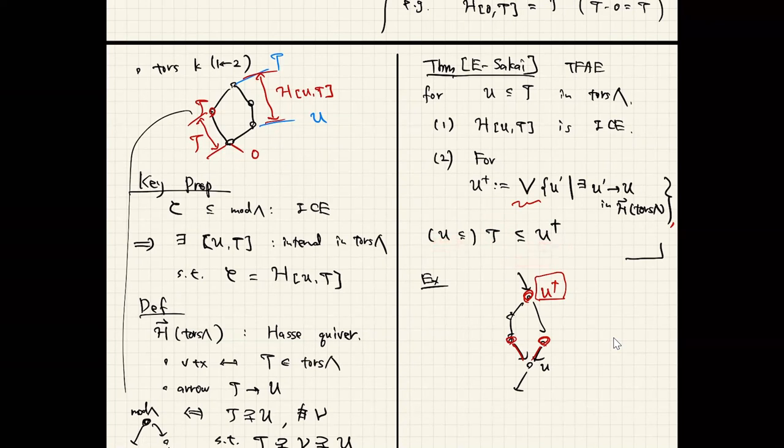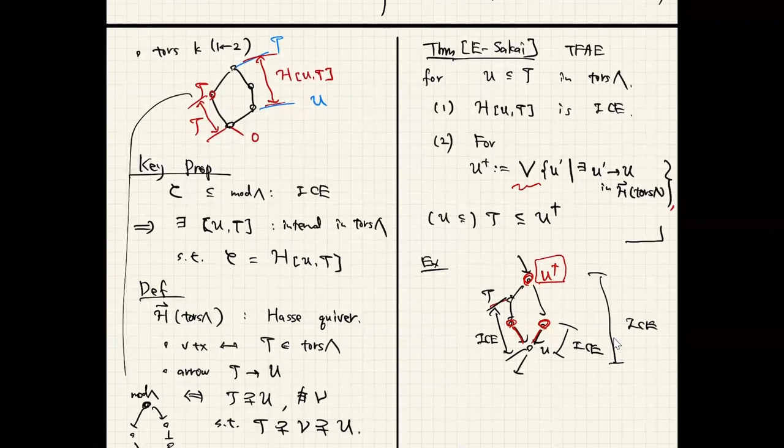So there are 1, 2, 3, 4, 5 possible choices for this T. For example, if this is T, then its heart is an ICE-closed subcategory, and this is another ICE-closed one. So there are 6 intervals whose heart is an ICE-closed subcategory.